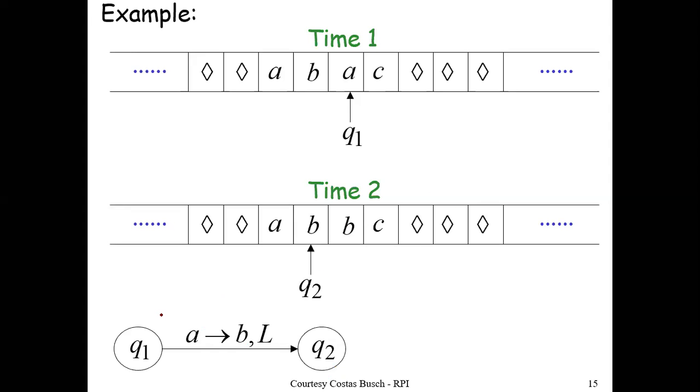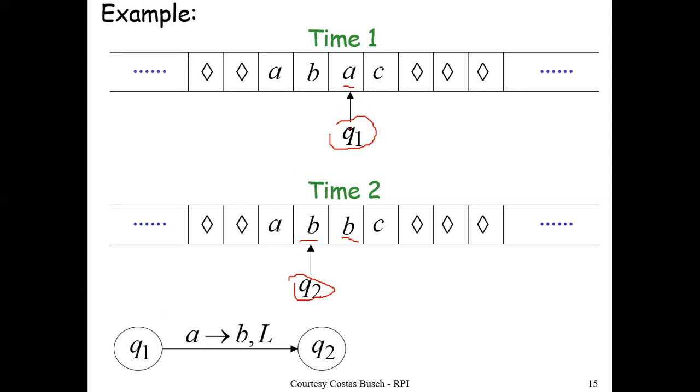Again, another transition, your pointer is on B, you are in state Q2. So here you can see from Q1 to Q2 you move. You read A, write B, and move to left.